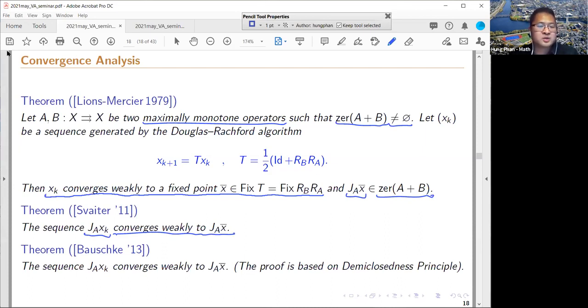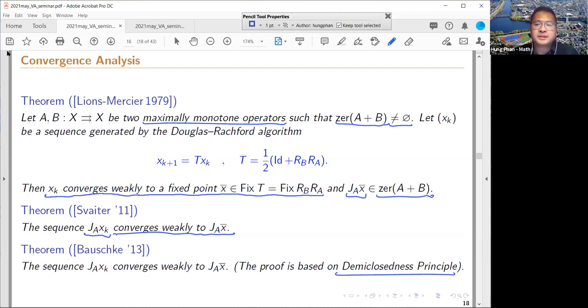And then in 2013, Heinz Bauschke, my former postdoc advisor, proved the same result, which is based on the demiclosedness principle. The proof is very accessible, I think, and fairly easy to follow. We will be back on the demiclosedness principle at a later point in this presentation.